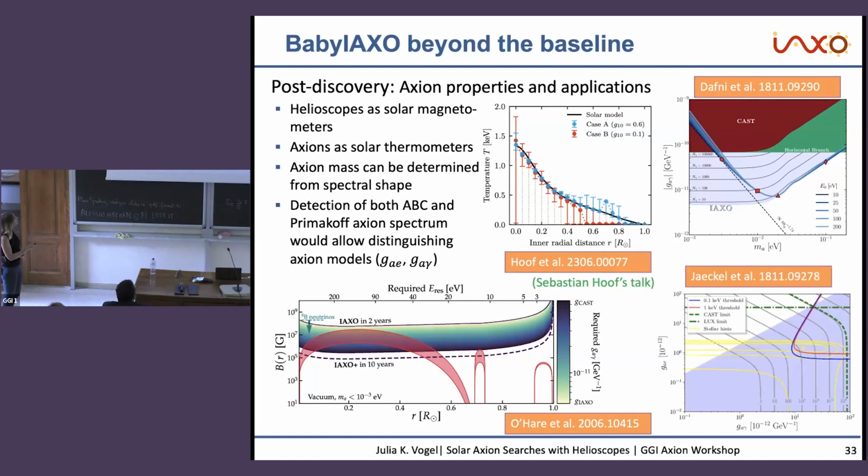In this case, we could be sensitive to disentangle the g_aγ and g_ae once we're in this range. The red and the blue line basically just indicate different thresholds. Jekyll et al. did a study on how the energy resolution and the energy threshold affect this capability.